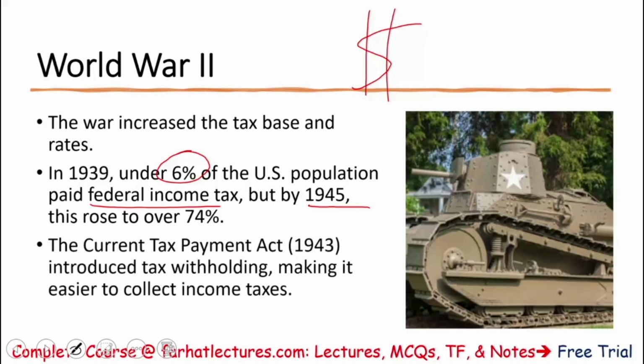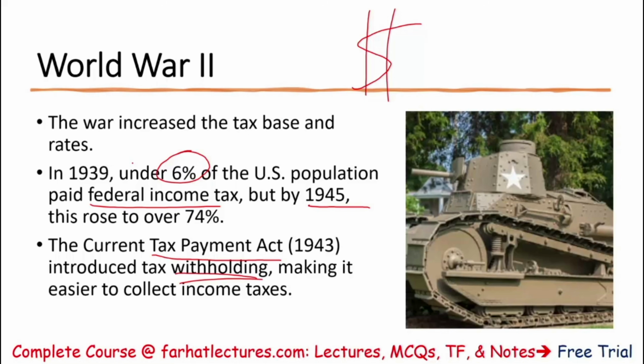Also, what's important in this period between 39 and 45, we introduced the Tax Payment Act, which was reintroduced. At some point, it was part of the income tax during the Civil War, then it was taken out. The Tax Payment Act now introduced the withholding of taxes. This is important because we still have this ongoing system until today. What's withholding of taxes?